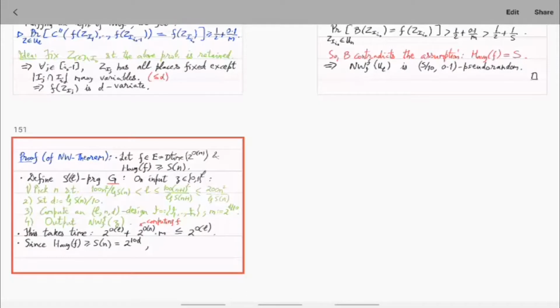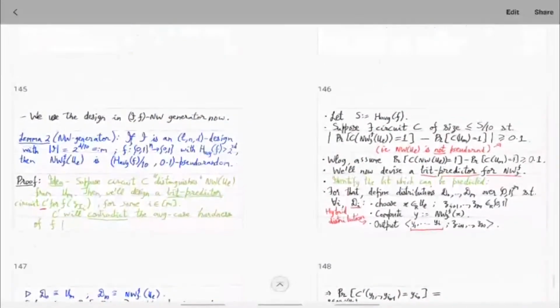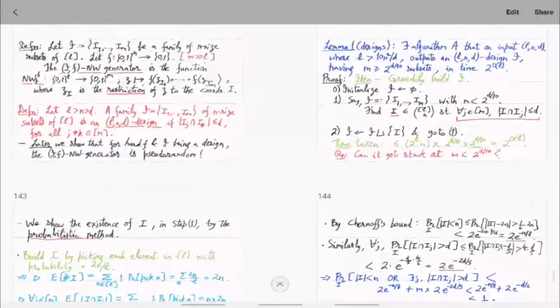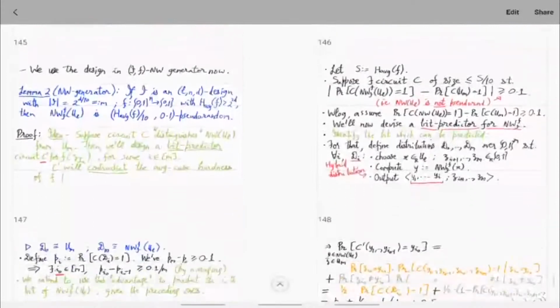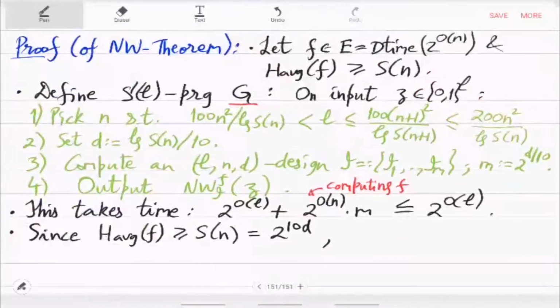Also you can note that for the parameters I have chosen, an L and D design exists by lemma 1. Okay, so you just wanted L to be more than 10n square by D, and that is happening here. L is more than 10n square by D, right? So this is by lemma 2. The design is by lemma 1.